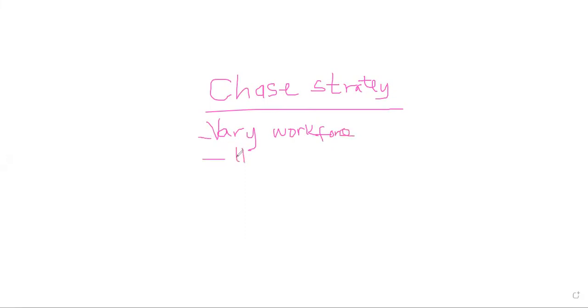By hiring and firing. That is hiring and firing. That is what goes on here. So hiring workers, as well as laying off workers. Firing workers is the same as laying off. These are what is involved in the chase strategy.